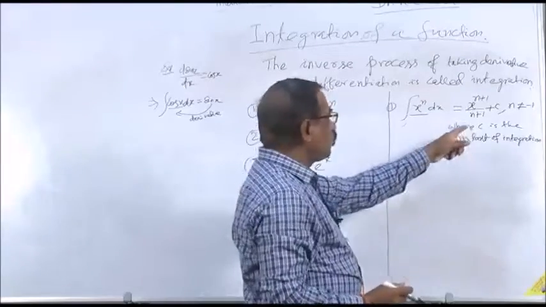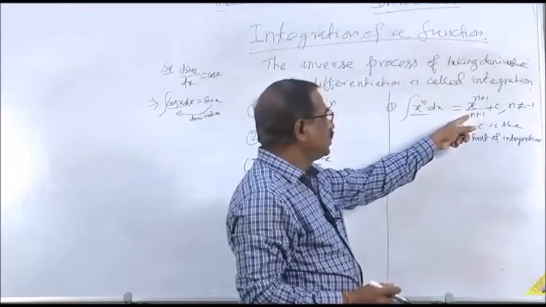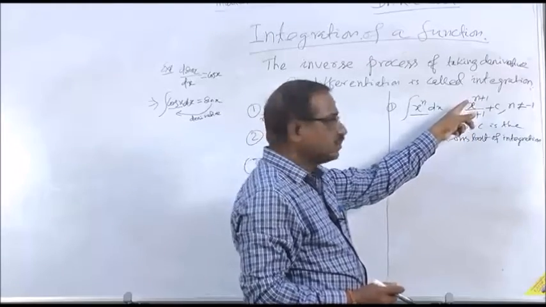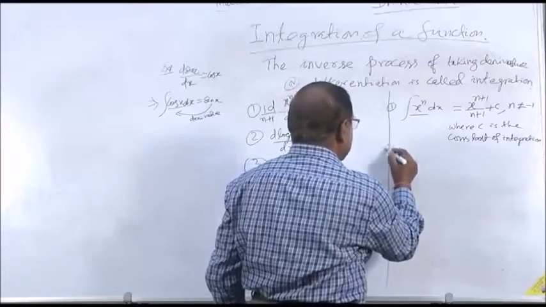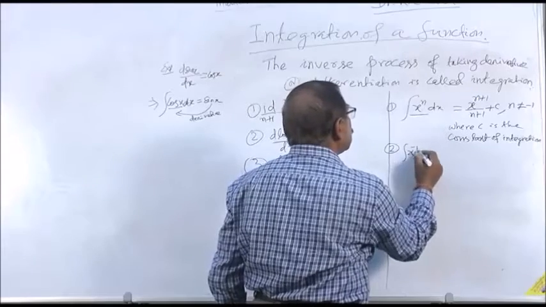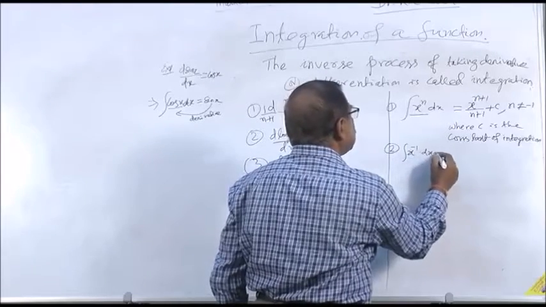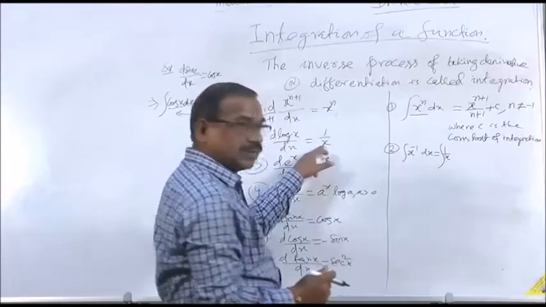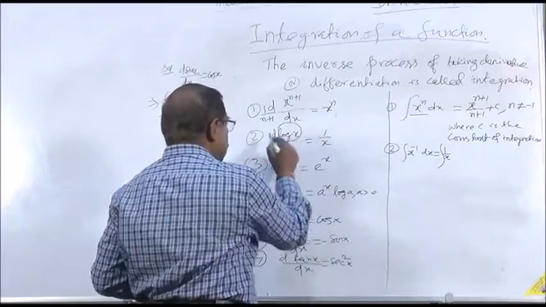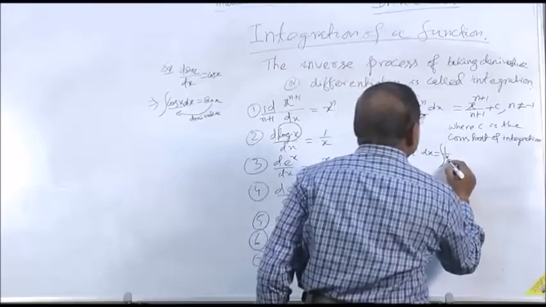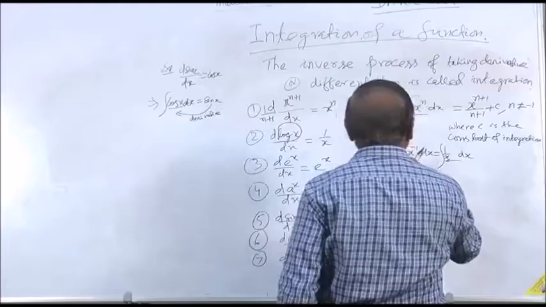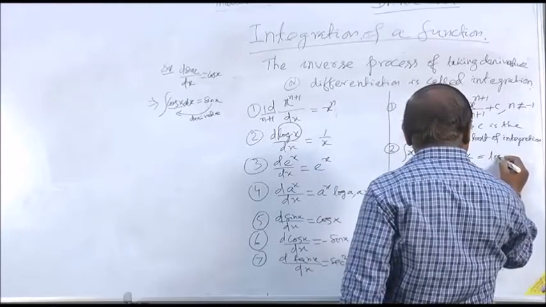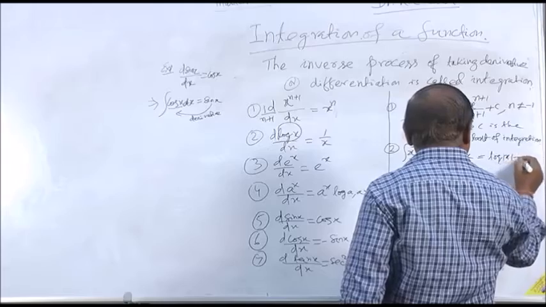If we take n equal to minus 1, this will not exist. So what happens when we take n equal to minus 1? You see, whose derivative is 1 by x? This is log x. So the answer is log modulus x plus c.